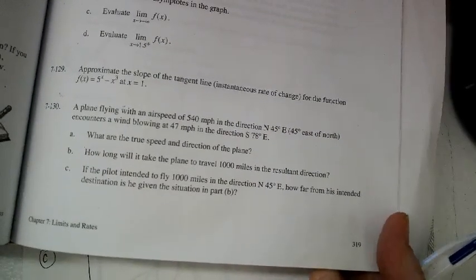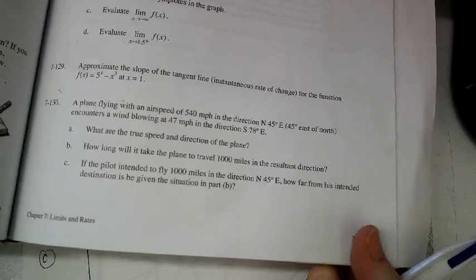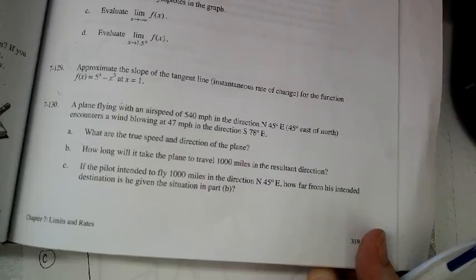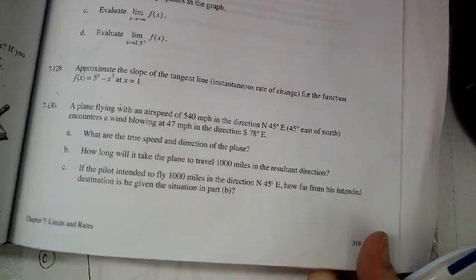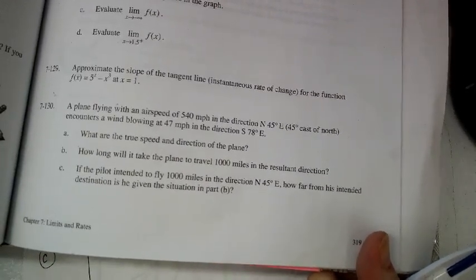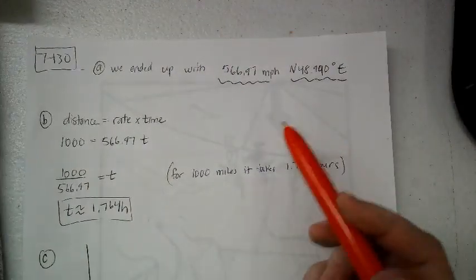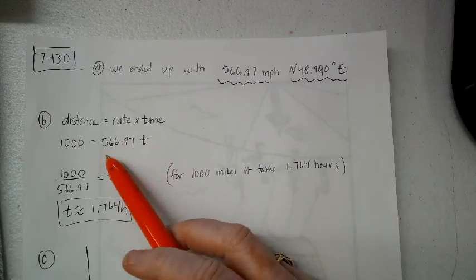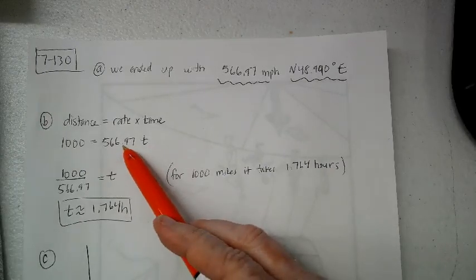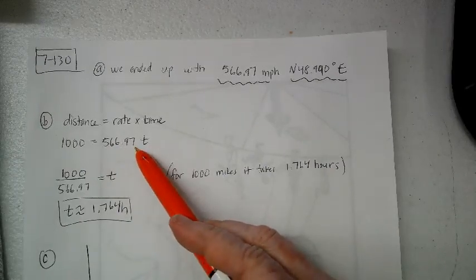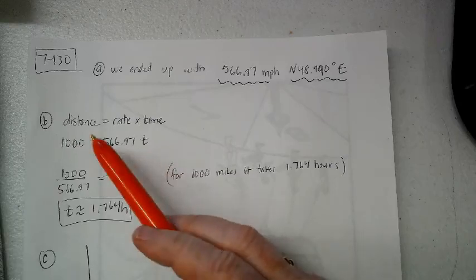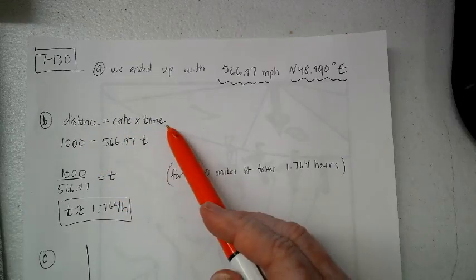miles, and the resultant means you added the forces. How long will it take the plane to travel 1,000 miles in the resultant direction? So we got that it was 566.97 miles per hour, and we know distance equals rate times time.